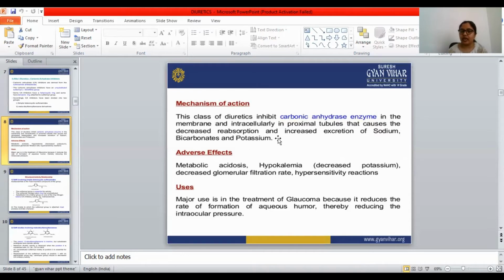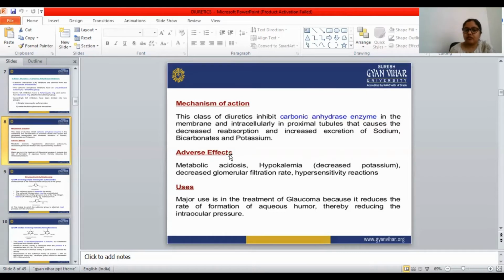The carbonic anhydrase inhibitors inhibit the enzyme called carbonic anhydrase. Due to this inhibition, the reabsorption decreases and the excretion of sodium bicarbonate and potassium increases.